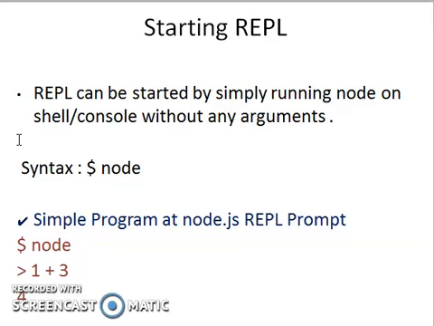After typing that, if you give some input, like here for addition, 1 plus 3, the input is 1 plus 3, and the result is 4. So some input is given, evaluation is done, and the result is output. This is simply how a program works in the REPL form. It is actually simple. So thank you.